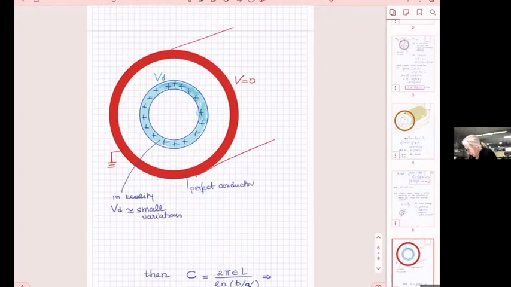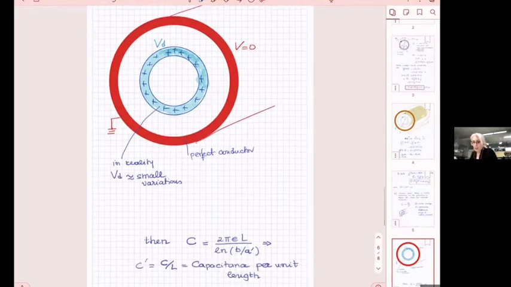However, when we are to calculate a capacitance to get a sense, we will assume, therefore, that V sub D in the inner conductor is constant.